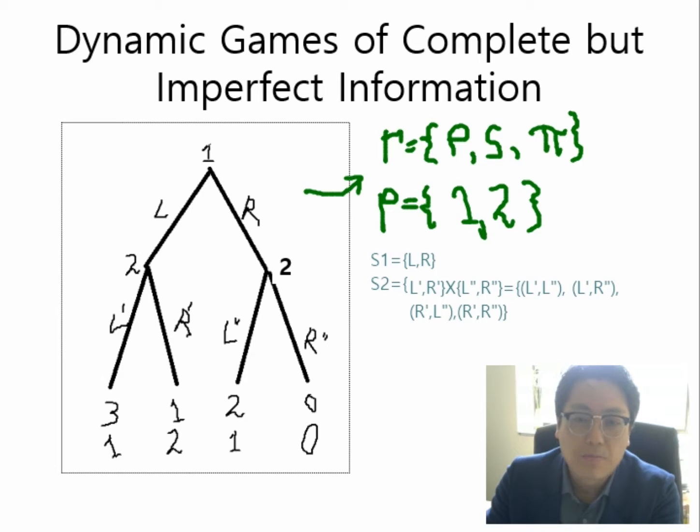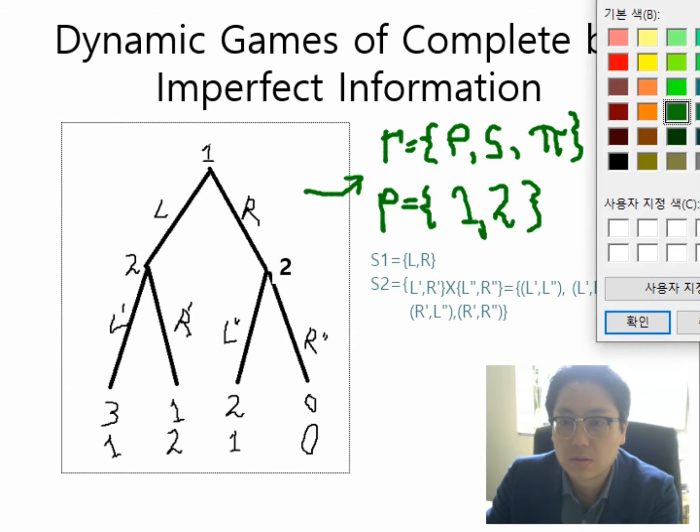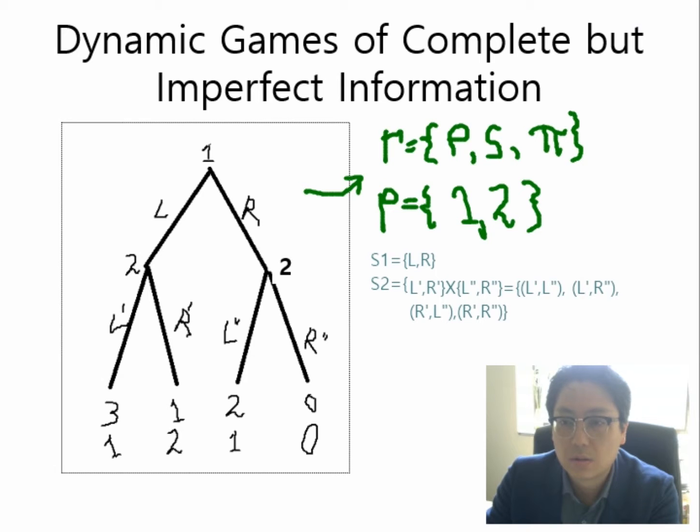And depending on that situation, they will get a pair of payoffs. For example, if the first player is choosing R as a strategy, and the second player is choosing this as a strategy, then look at this. If the game is started, the first player will choose R. I didn't talk about the reason why the first player should choose R. I just arbitrarily picked R and L prime and R double prime.